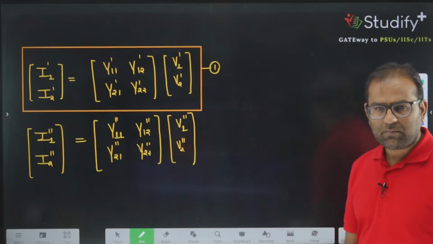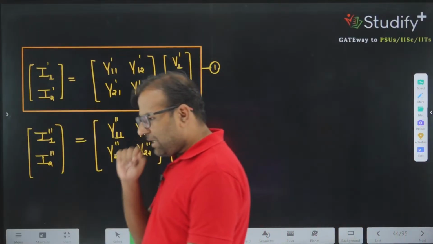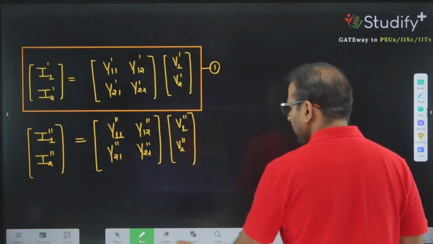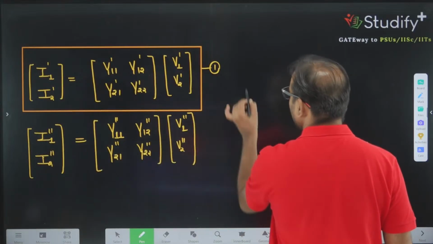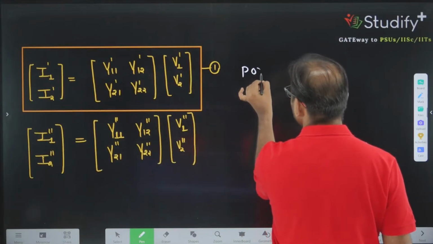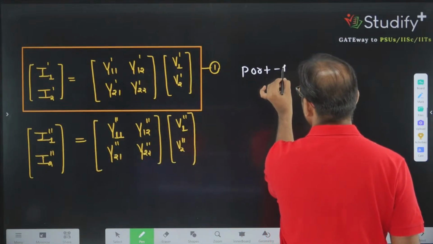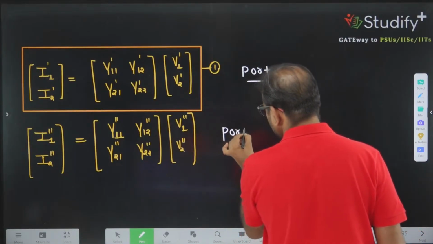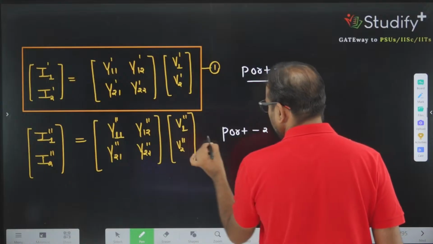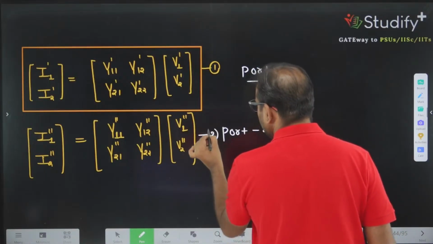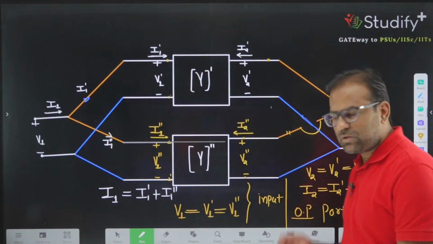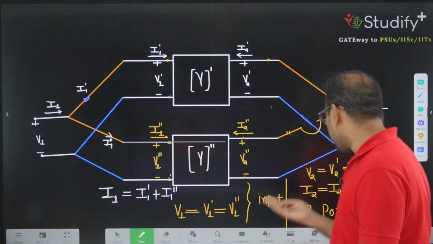Now, if I add equation number 1 and equation number 2, so this is for port number 1, we are having this equation for port number 2. Equation 1 and equation 2. Let's add equation number 1 and equation number 2, then we will use this principle. These 4 equations we will substitute.